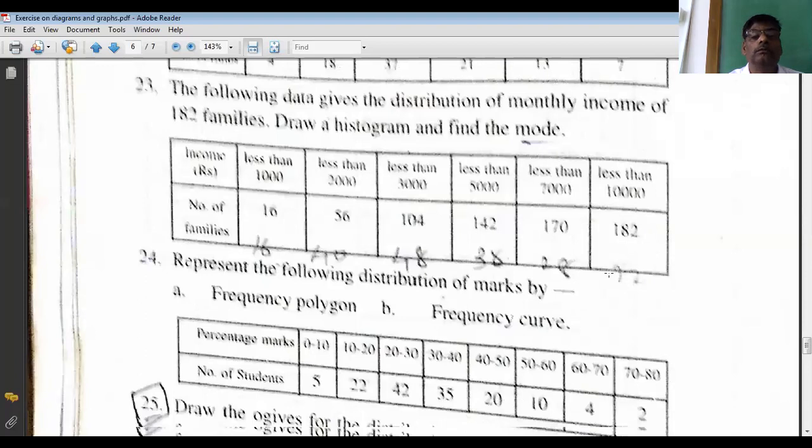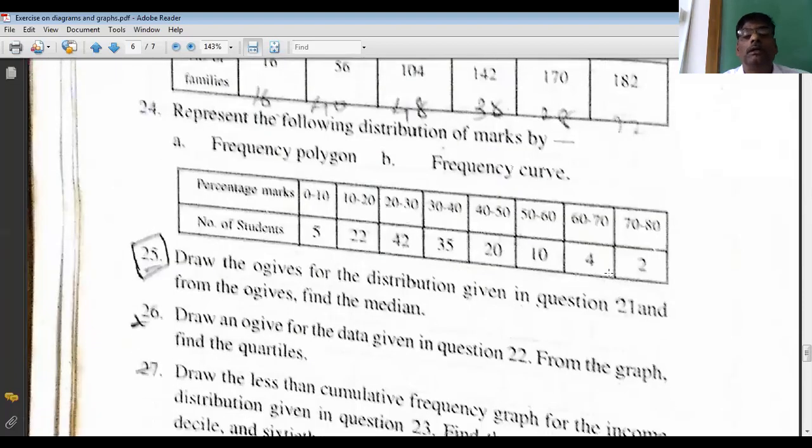Then 24. Example number 24. The 23rd problem will be solved by me. I'll solve the problem and upload it in the Google Drive. Number 24: present the following distribution of marks by frequency polygon and frequency curve.